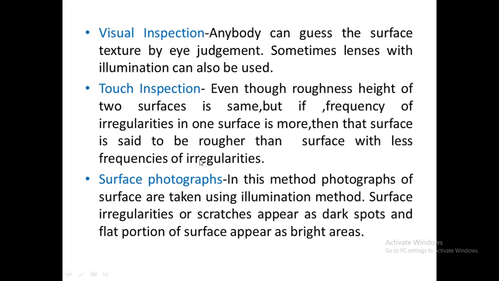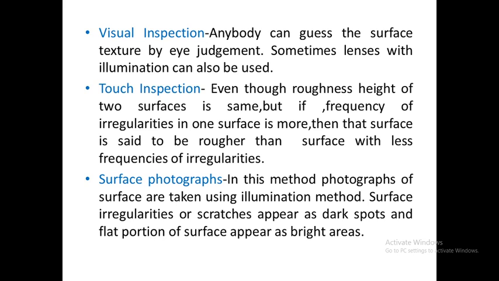Now this statement mentions that two surfaces can have the same roughness height, but one surface can be smoother than the other, or the other surface can be rougher than the first surface. This depends on the frequency of irregularities, meaning how frequently the irregularities occur on the surface.